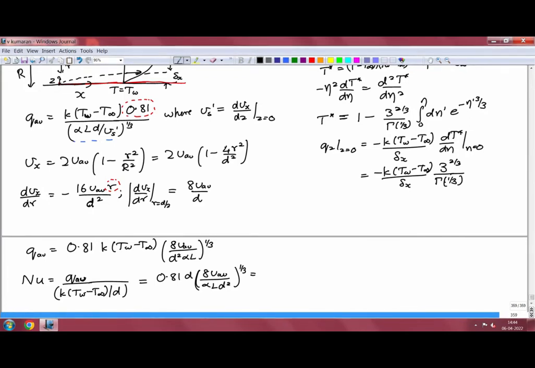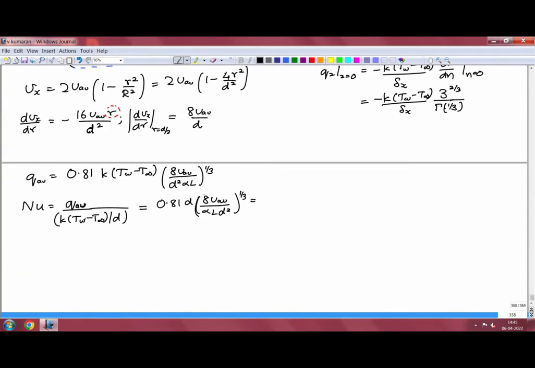I am sorry, there is no factor of D here. It's just alpha L by V s prime. So this 8 power 1/3 is equal to 2. So, I will get a factor of 1.62 into V average D by alpha power 1/3 D by L power 1/3.